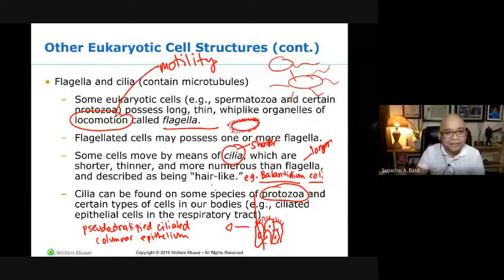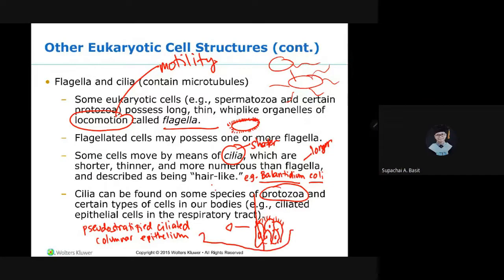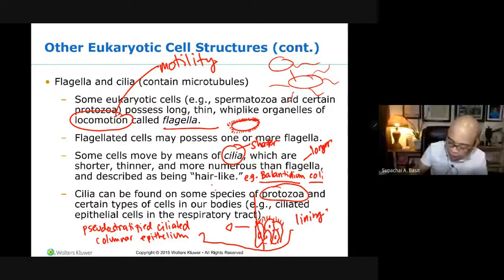The pseudostratified ciliated columnar epithelium is actually found in the linings of our trachea, and the function of that cilia is that it can propel away mucus.